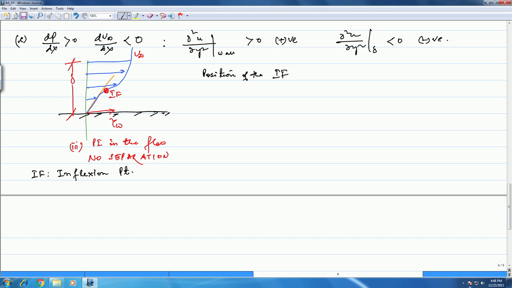Well, this is basically the point where a curve changes slope. There is a change in slope which is happening at the inflection point. So the position of the inflection point depends on the strength of the pressure gradient.